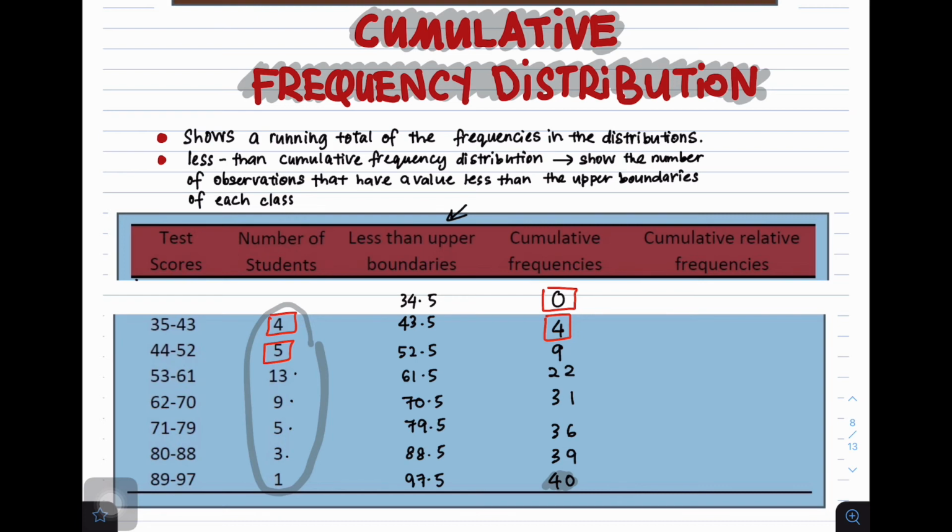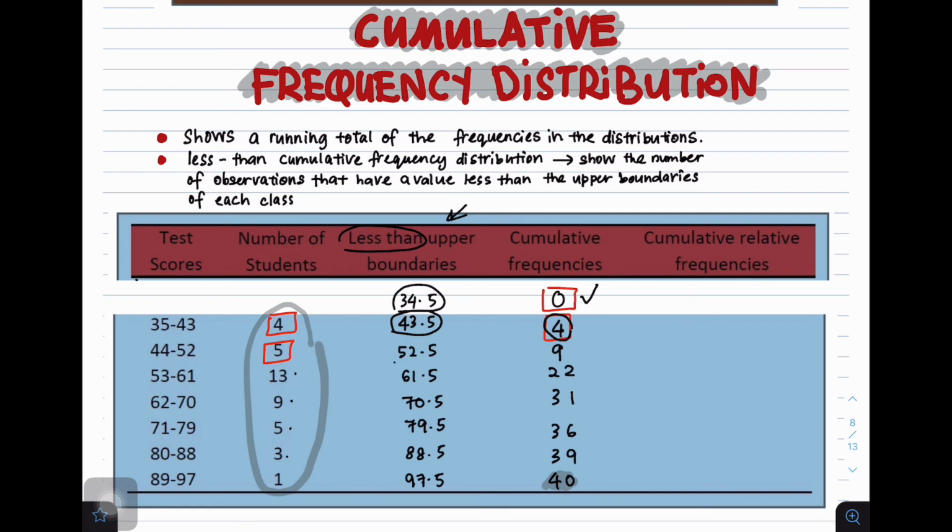Kita kumpulkan. Okay, so apa maksud dia? Maksud dia adalah di bawah, okay, less than ni maksudnya kurang. Kurang daripada 34.5, we don't have any data. Kurang daripada 43.5, kita ada 4 data yang kurang daripada 43.5.